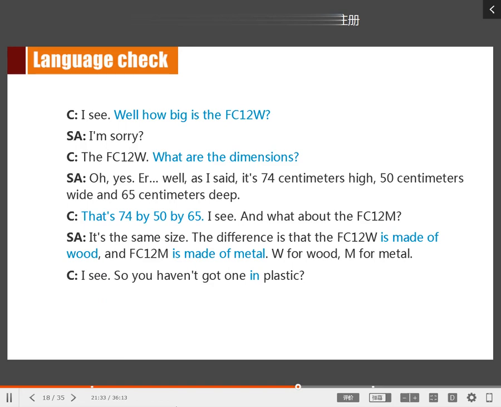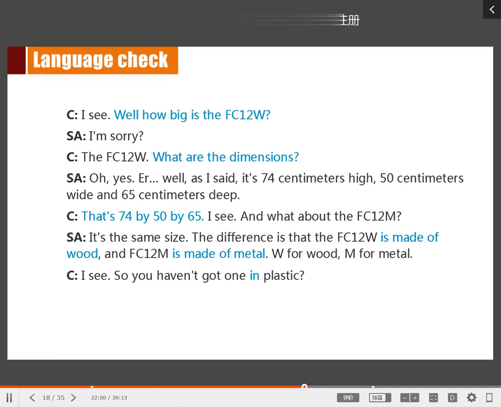I see. Well, how big is the FC12W? I'm sorry? The FC12W, what are the dimensions? Oh, yes. Well, as I said, it's 74 centimeters high, 50 centimeters wide, and 65 centimeters deep. That's 74 by 50 by 65.